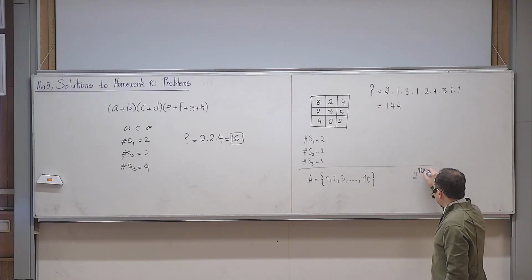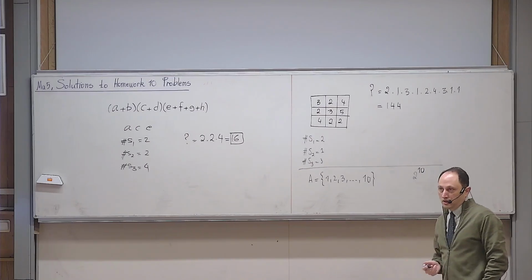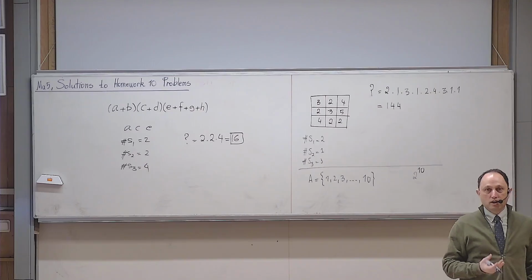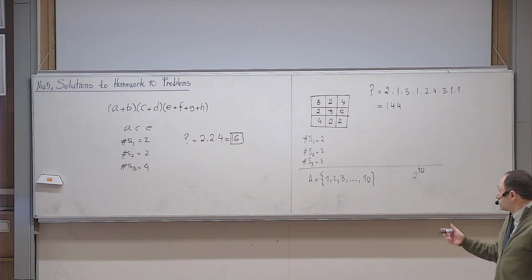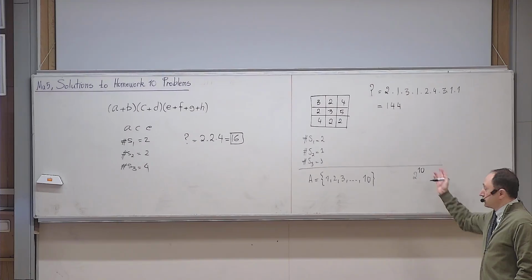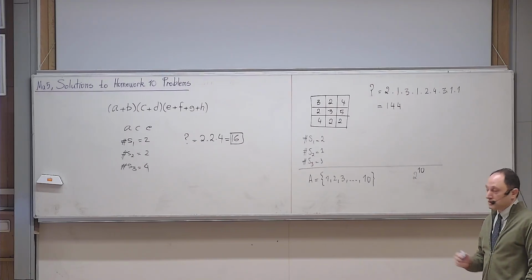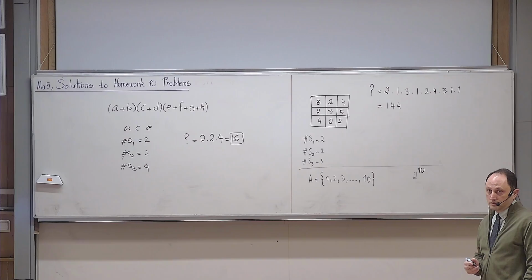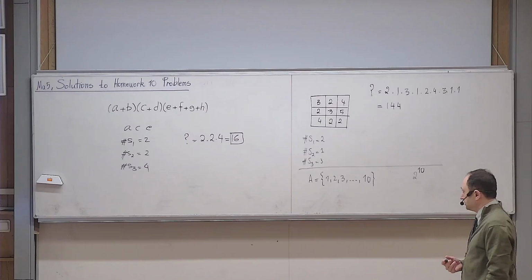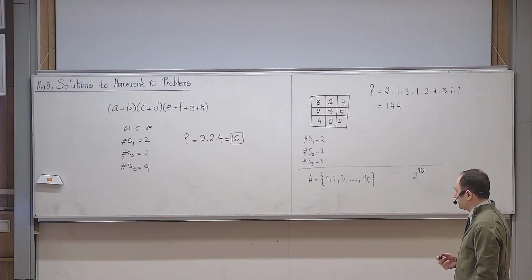Okay, but let us try to review why this is the case. Can you justify why there are 2 to the power of 10 subsets of this set? Why is that? You remember we talked a little bit about that probably before, but you have forgotten.